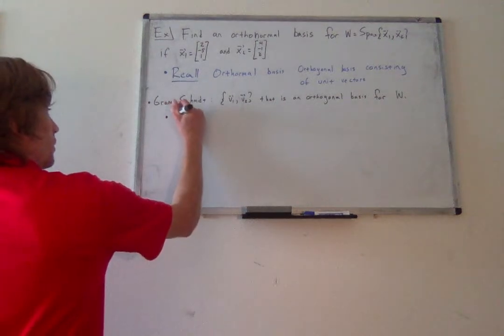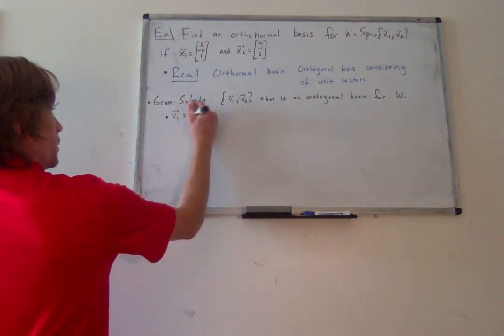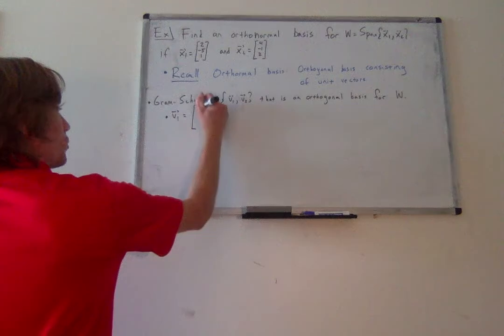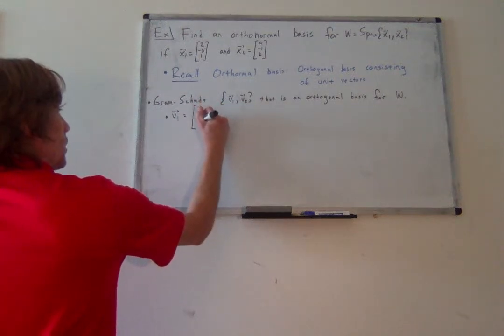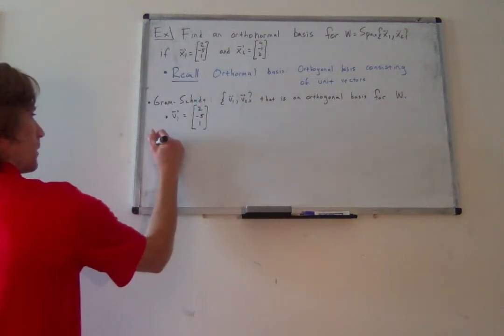Remember, the Gram-Schmidt process tells us that v1, thankfully, is just equal to x1. So not much work to do for v1.